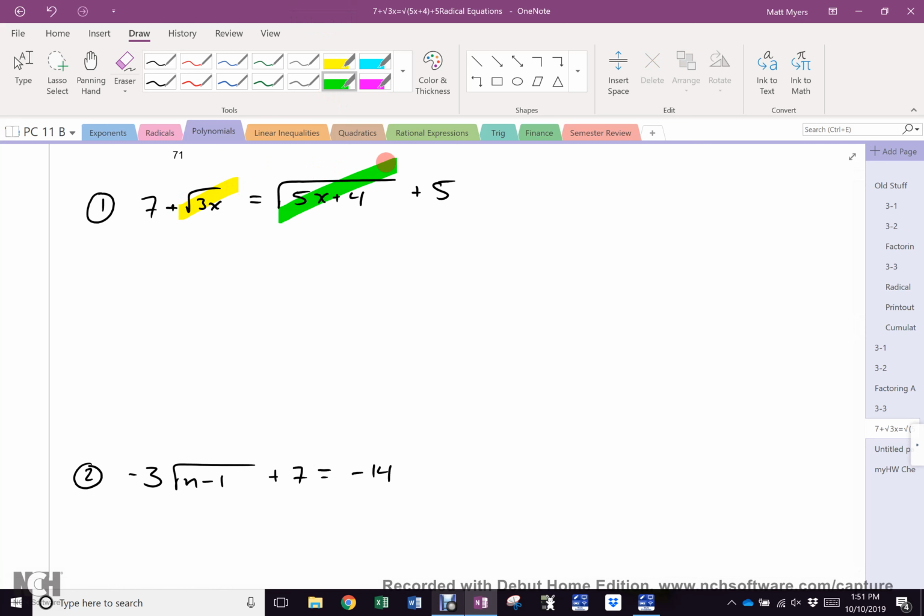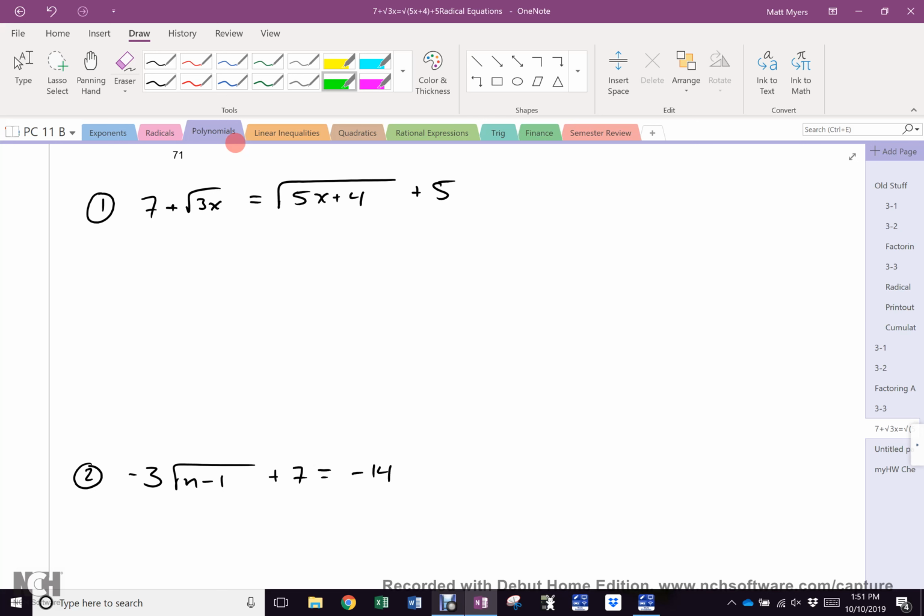Green? I would too, because it's the more complicated one. All right? Now, if you got rid of the yellow one first, you're going to follow the same steps. Your work's just going to look different until you get down to the bottom, and then you're going to have the same answer. All right?